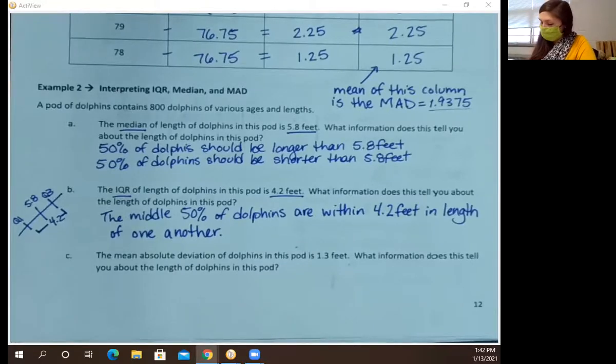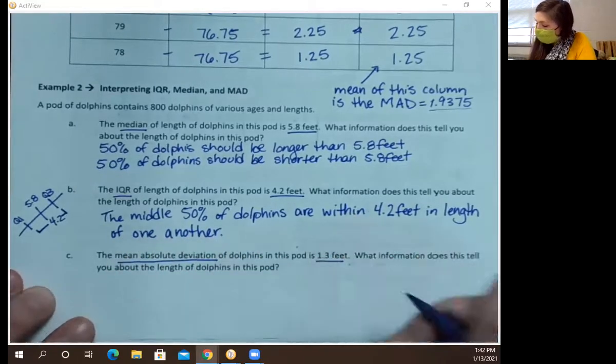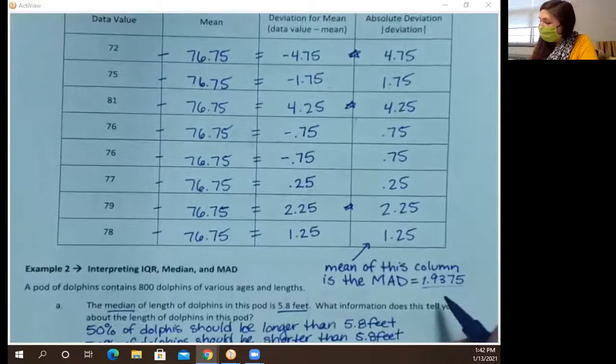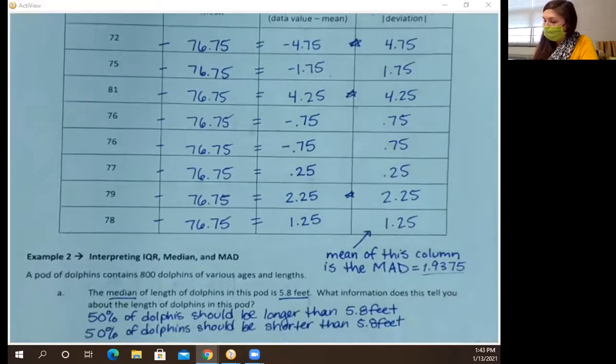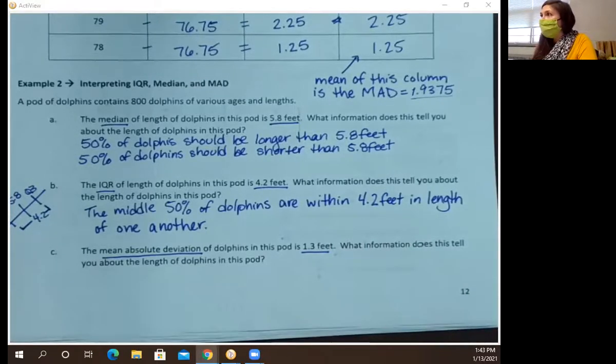And then our last question here says the mean absolute deviation for the dolphins is 1.3 feet. So what does this tell me about my dolphins? Now remember up here, our mean absolute deviation told us that on average, most of our values should be within this amount of the mean. So that would be the same thing for the dolphins. I don't know what the mean is. That's fine.